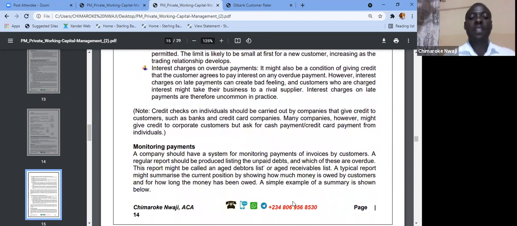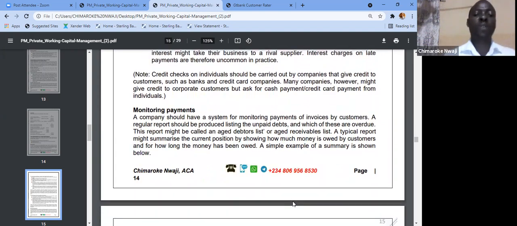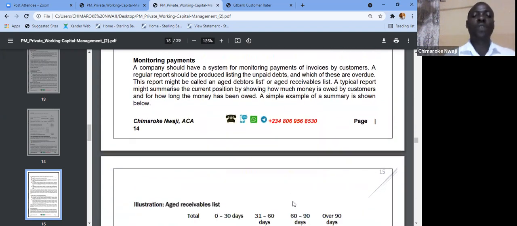Okay, then this is all about giving out credit. We look at whom you will give, their reputation, then you set credit terms. Now you've given out this credit, companies should have a system for monitoring payment of invoices by customers. A regular report should be produced listing all the unpaid debts and which of these are overdue.